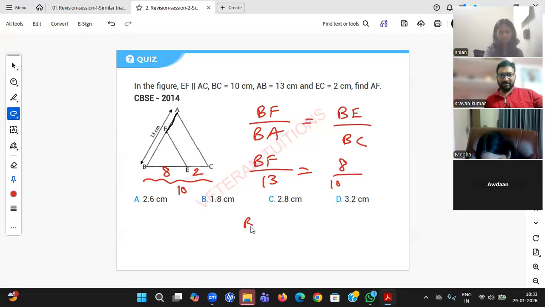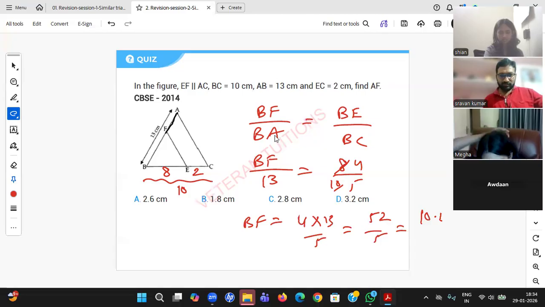I'll get BF here. BF equal to 4 into... I got the answer, sir. 10.4 I got. So if BF is 10.4, what will the remaining part be? This will be 2.6 to make it 13. Wonderful, absolutely right answer. 2.6 will be the right one.